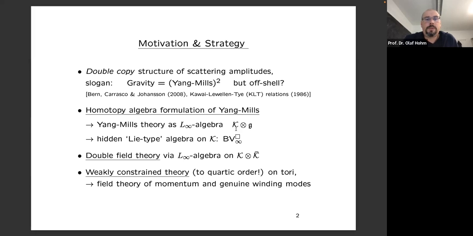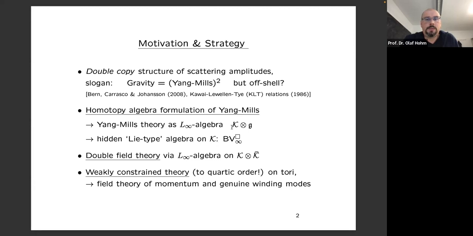That itself is a homotopy algebra of a different kind, as I will explain. And most importantly, there's also some hidden new Lie algebra type structure, which is not exactly a Lie algebra. It's also not even a homotopy Lie algebra. It's a version of BV or Batalin-Vilkovisky algebras with two decorations, which I will explain in due course.